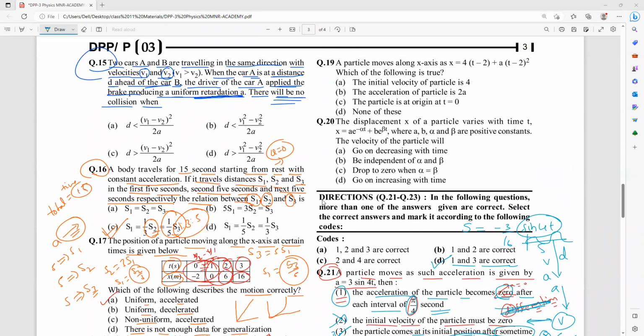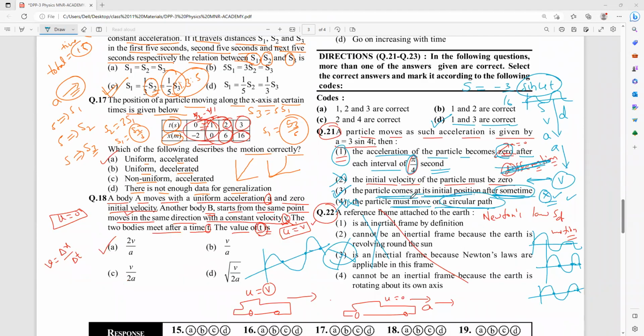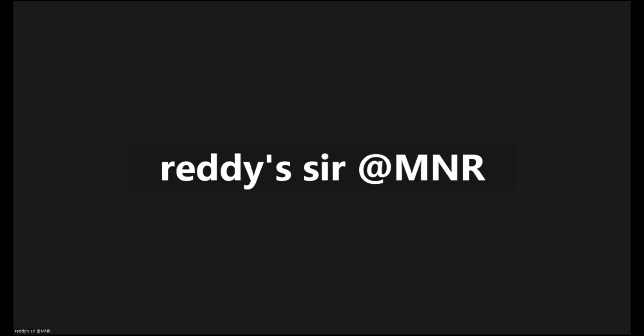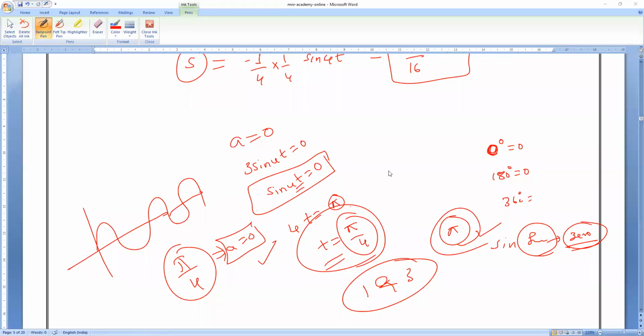So this is question number 21. Have you all understood or not? Everybody? Yes, sir. So after every pi by 4 interval of time, acceleration becomes what? 0. That is what you have to remember. So you should also write a statement here that the sine function becomes 0 after every pi interval, which means 4t is equal to pi.